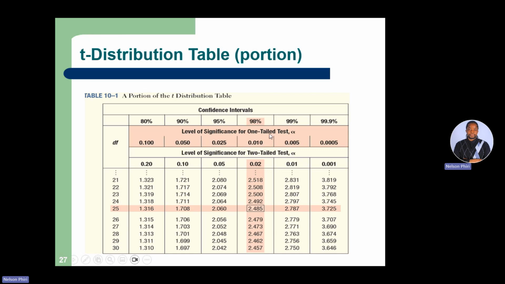Your answer is 2.485. You look at it from the tables: 25, then 1% under one-tailed test, then scroll down, and that gives you 2.485. So 1% under one-tailed corresponds to 0.02 under the two-tailed test. That's another way of looking at it.